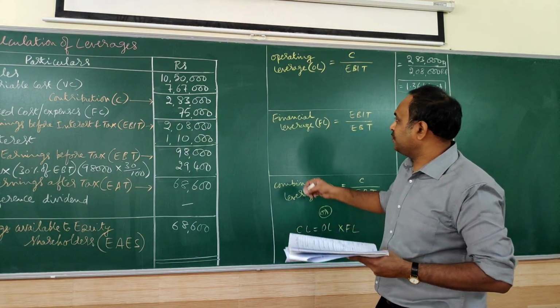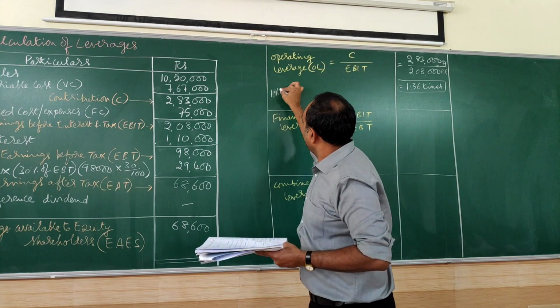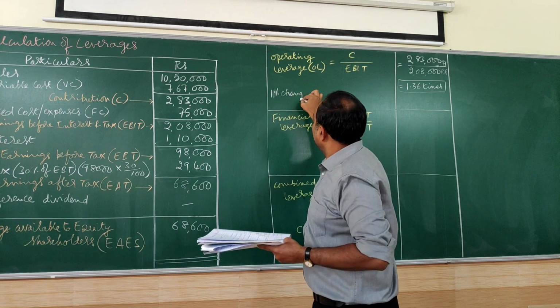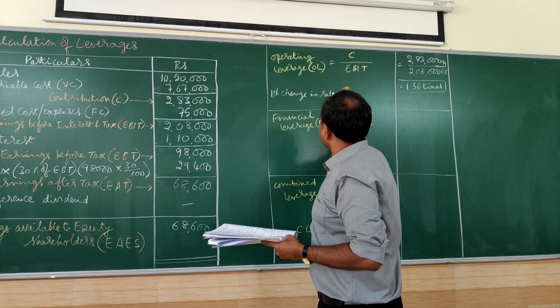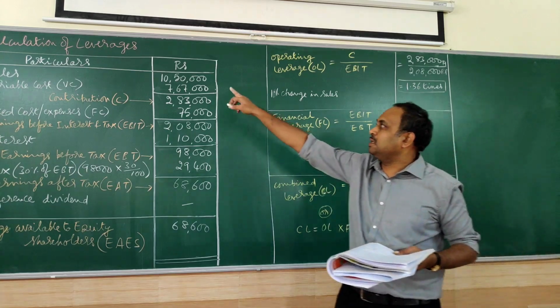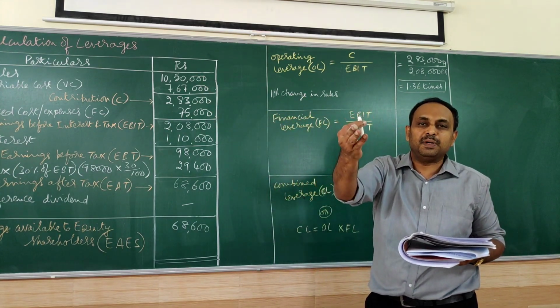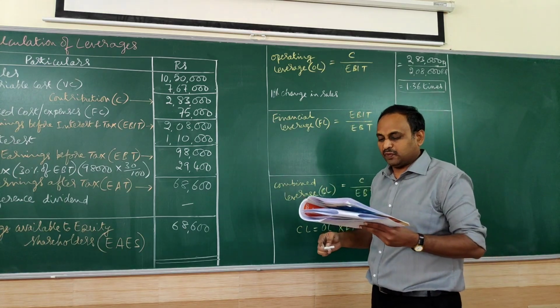The significance of this is a 1% change in sales. If sales changes by 1%, that is we have 10 lakh 50 here and it increases by 1%, then what is the effect of that?